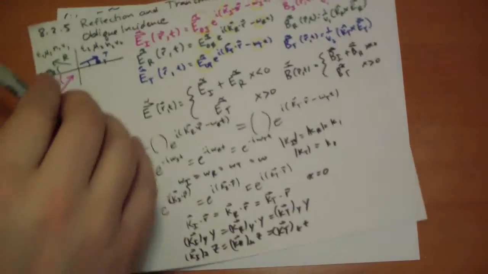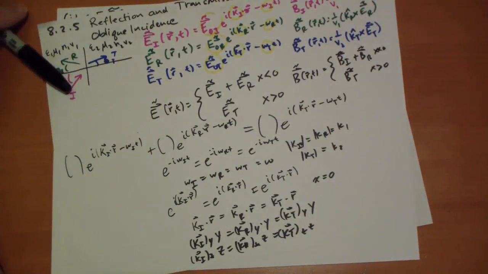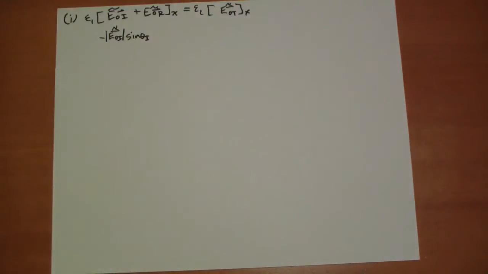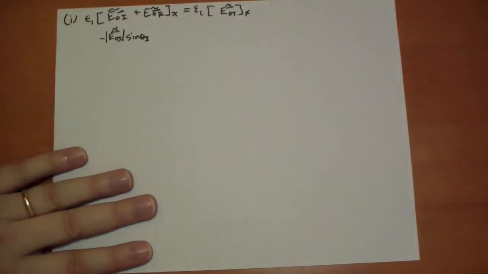So what is the E field? Well, the E field is pointing perpendicular to the angle of incidence. Let's see if you can see that in there. You do your trigonometry, and it turns out to be negative sine theta I times the magnitude of the E field.